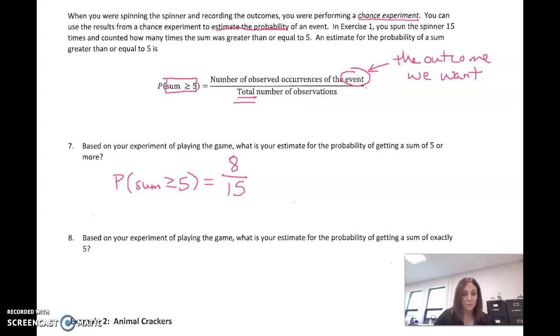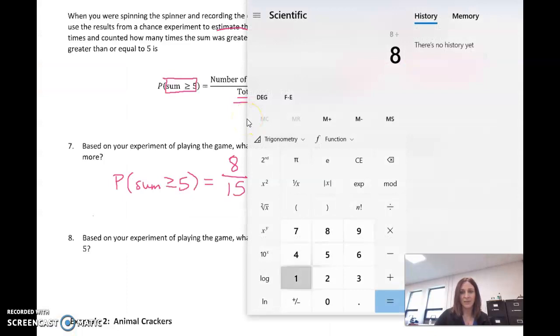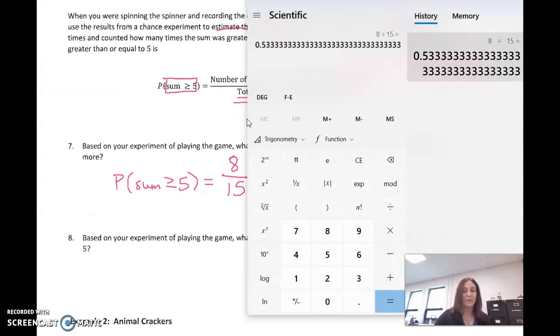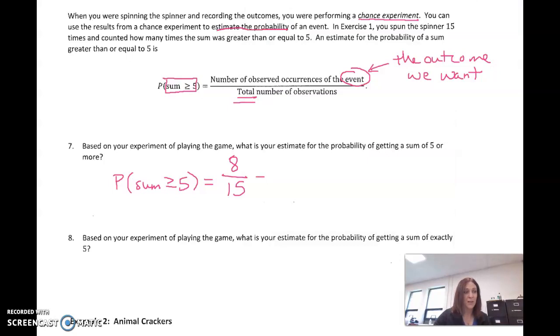If we type 8 divided by 15 into a calculator, we get 0.53 repeating, 0.53333. We can write it as a fraction, a decimal, or a percentage. I'm going to say approximately equal to 53.3%, because this is 0.53 repeating.